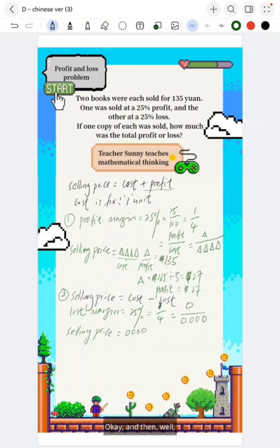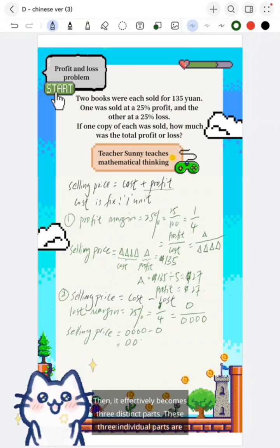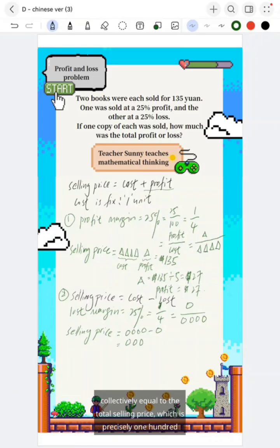Then simply subtract one part, which is the loss portion. Then it becomes 3 parts. These 3 parts are equal to the selling price, which is 135 yuan. So one part is 135 yuan divided by 3, split evenly into 3 equal parts. Therefore, one part is exactly 45 yuan. This is the loss.